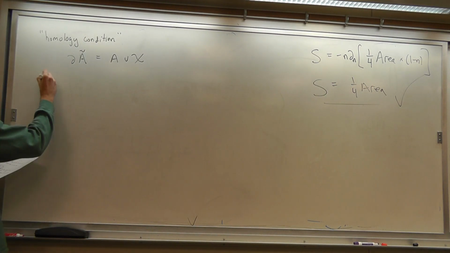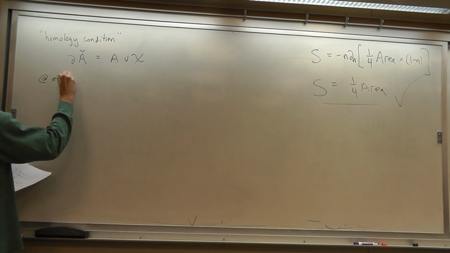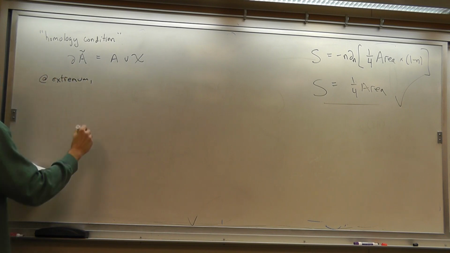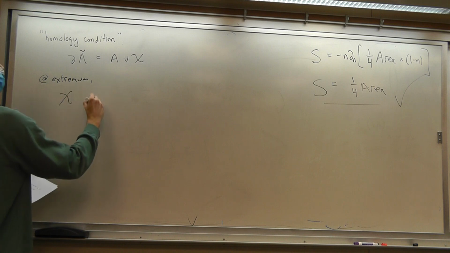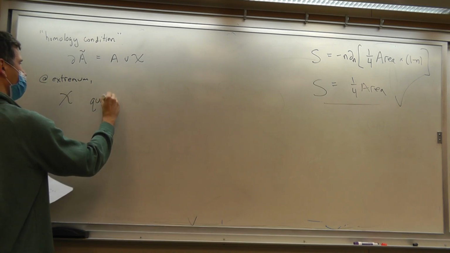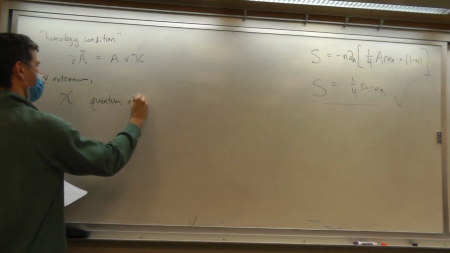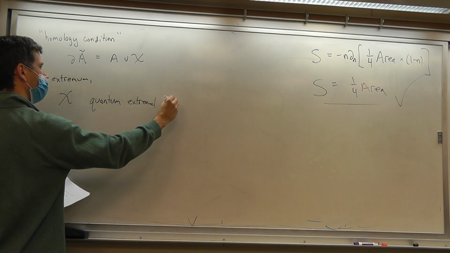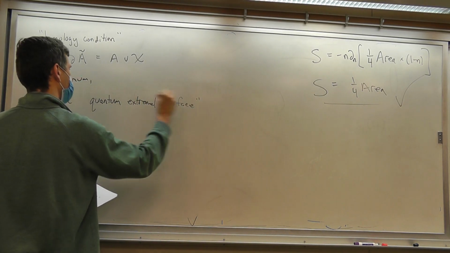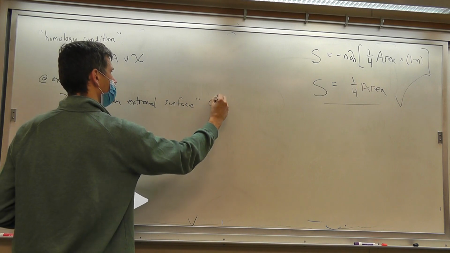Some terminology at the extremum: chi is called a quantum extremal surface, or QES.